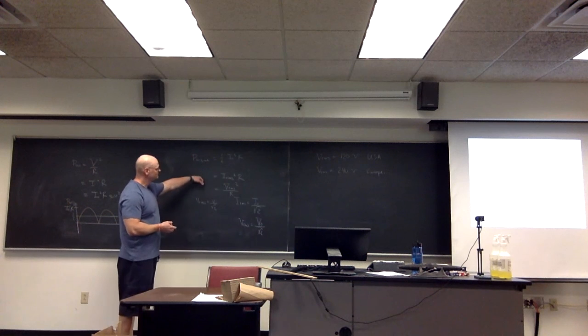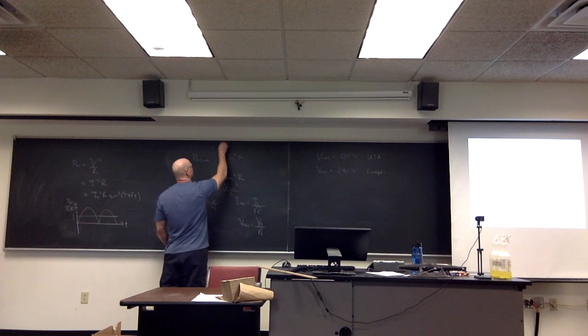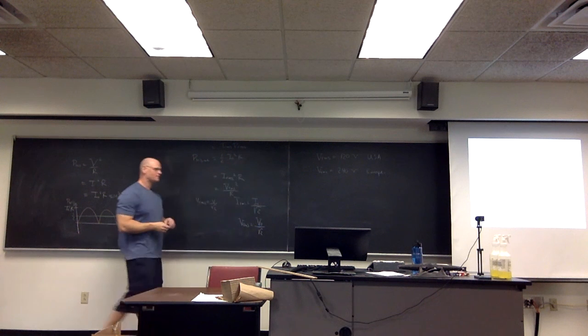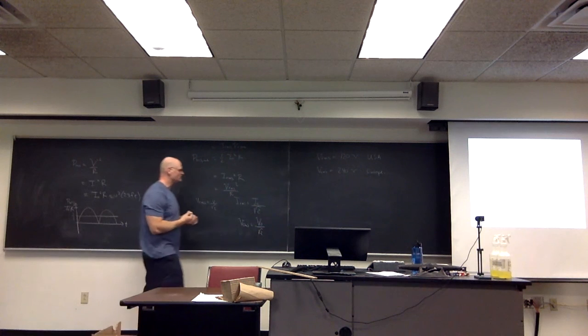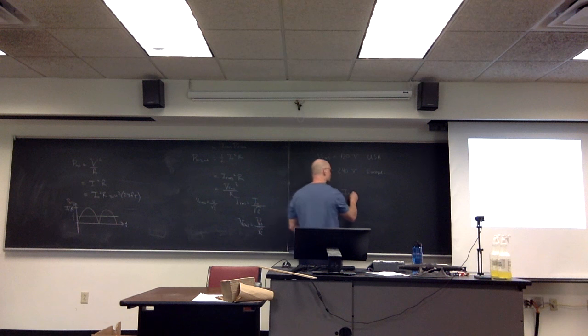Using these, another way we can write the average power is the RMS current times the RMS potential. So anytime I'm dealing with a sinusoidal source, an alternating potential with an alternating current, the power lost is the RMS current times the RMS potential, or the RMS current squared times the resistance, or the RMS potential squared divided by the resistance.